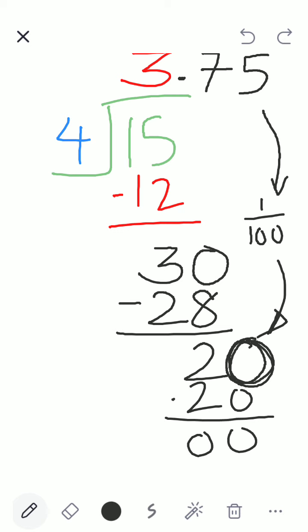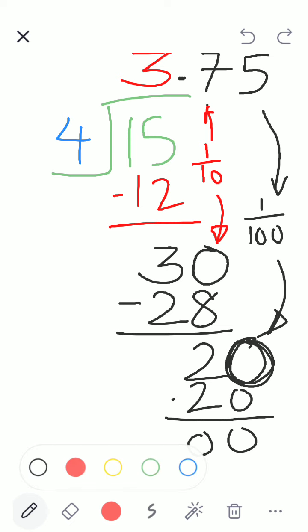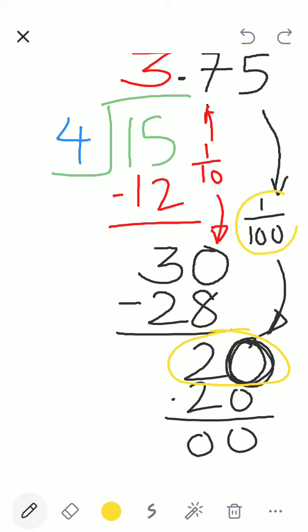The first time I put 0, it was the 1 by 10th place. Second time, when I divided those two remainder pieces further into 10 equal pieces, to 20 pieces, it became the 100th place.